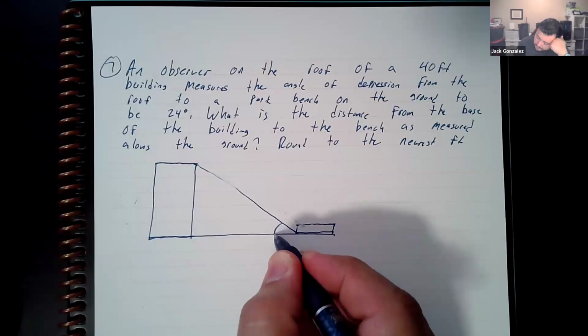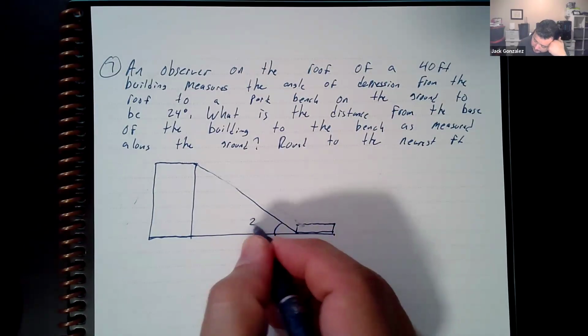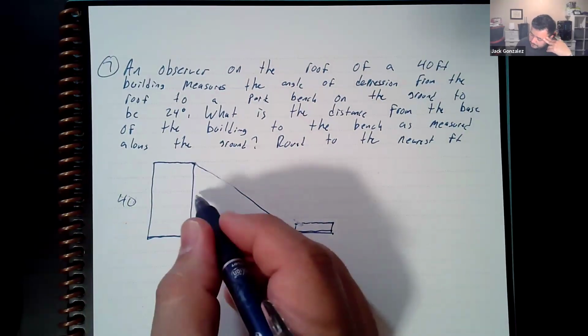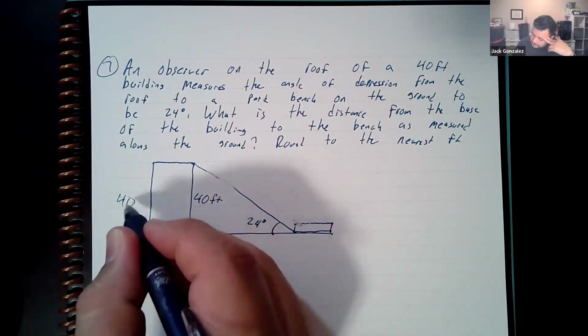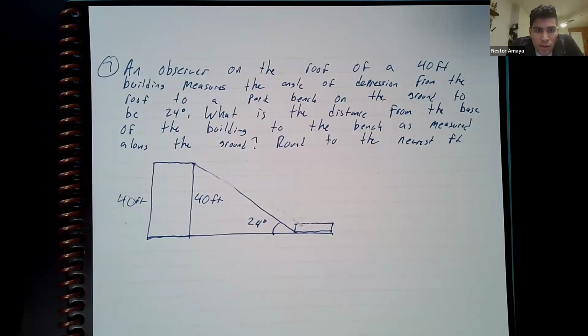This angle of depression is 24. The height of the building is 40 feet, right? Just a question: wouldn't the angle of depression be from the top of the building? Like it would be at the top of the building pointing down, correct?